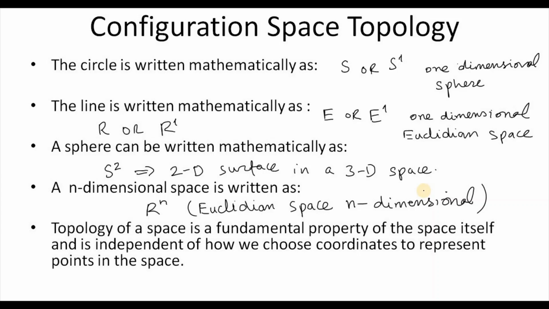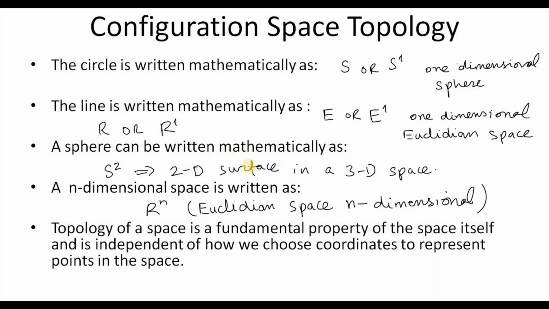Okay, topology of a space is a fundamental property of the space. So the shape of the space is a fundamental property and is independent of how we choose coordinates to represent points in the space.